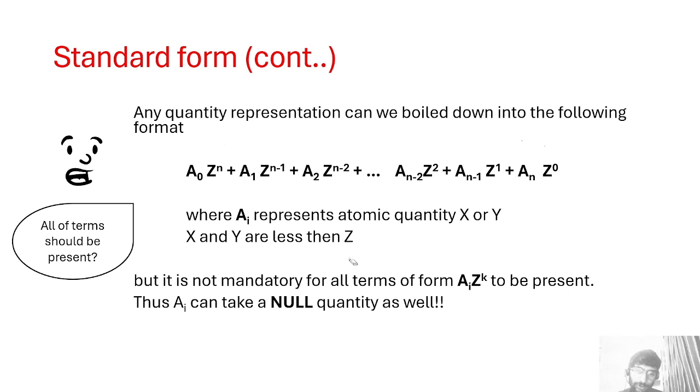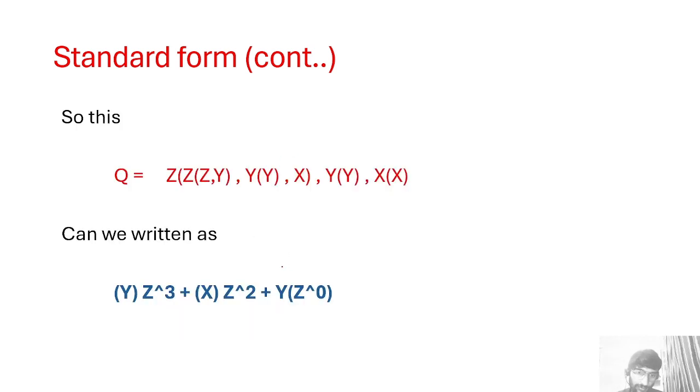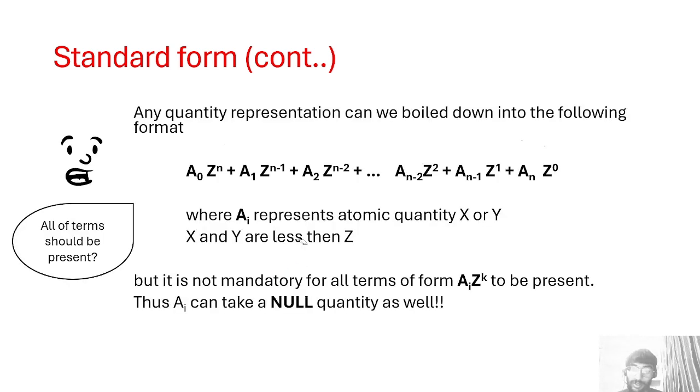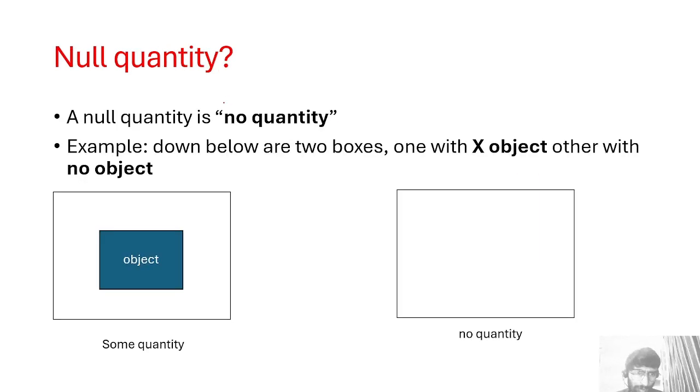And to make sure that this happens, we actually need to define a quantity called the null quantity. From the fact that 0 1 was not present, there was some quantity there which was null, thus nullifying the power of z, and thus comes the null quantity.